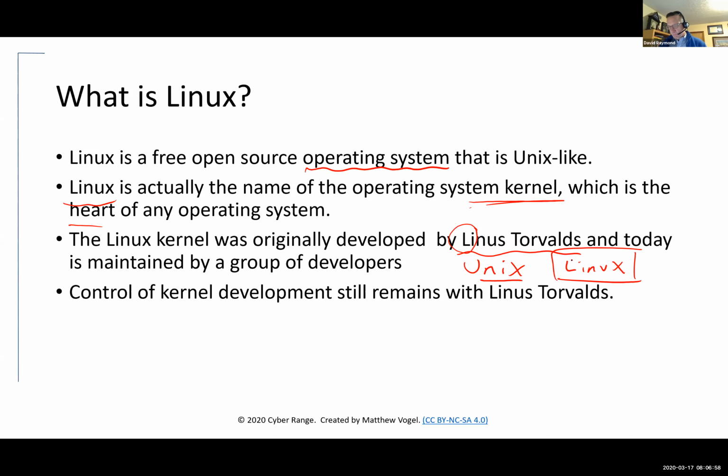He developed this very heart, the original kernel, back in the early 1990s. Now over the years, there's a whole team of people around the world who help develop the Linux kernel and who create different resources and tools that can be used along with the Linux operating system. So it's not one person anymore, but it's very much controlled by Linus Torvalds still to this day.